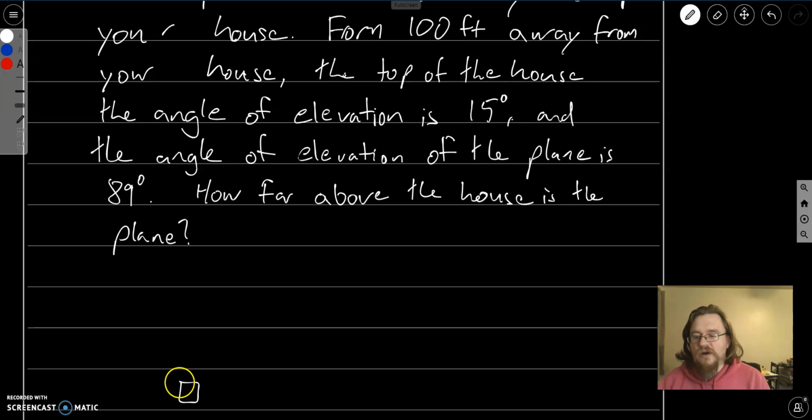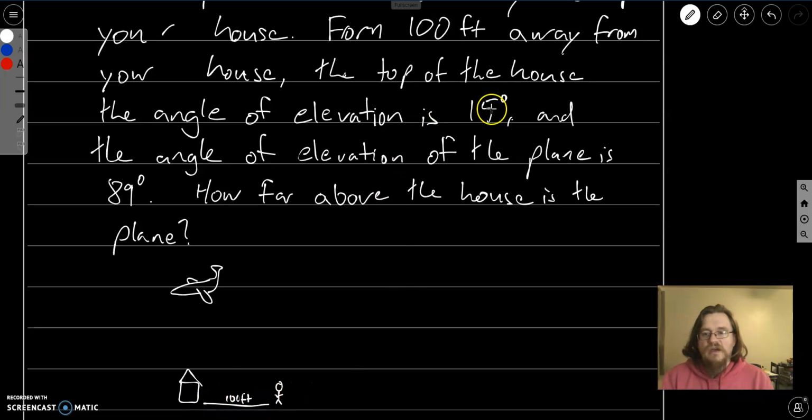We've got our house, and then we've got our plane, which is flying overhead. From 100 feet away from our house, so here we are, and we are 100 feet away, the angle of elevation to the top of the house is 15 degrees.